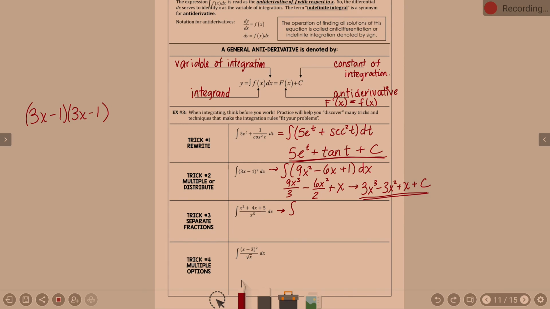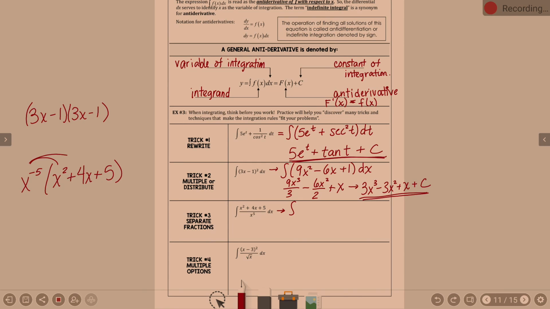What can I do with that x to the 5th? Okay, so I'm hearing make this x to the negative 5th, yes? Which, if you do that, then it's x to the negative 5th being multiplied by x squared plus 4x plus 5, yes? And then what are you going to have to do before you actually integrate?